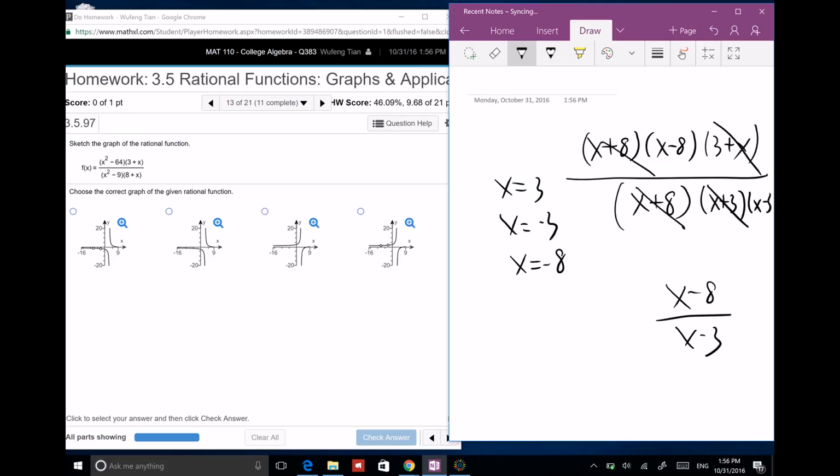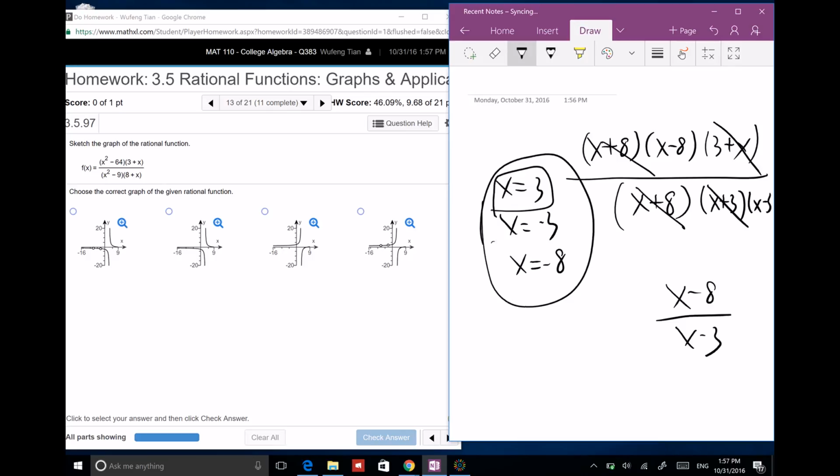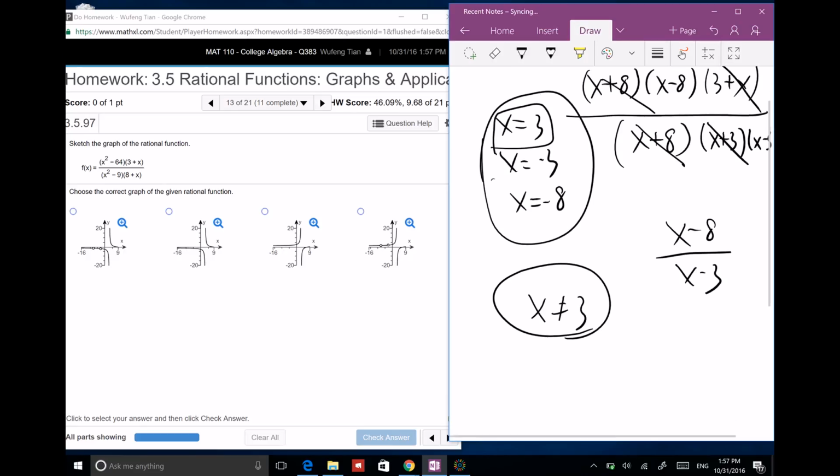Okay, and then we have x equals 3, negative 3, 3, negative 8. So it's either A or D, because you have to take all 3 points away. So we got x not equal to 3 for sure. So it's either this one or this one. Now we check when x is positive.